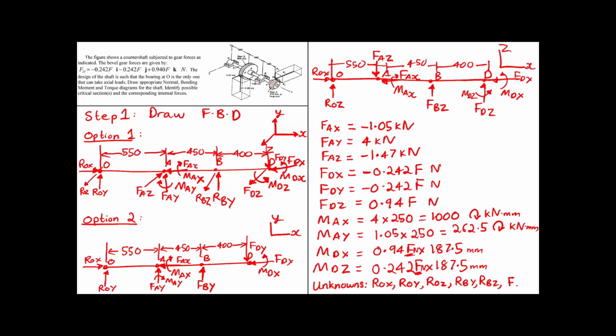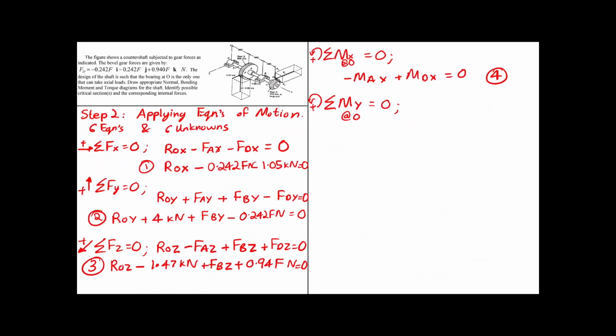Which other force do we have? Let's find out. Along the y-axis we have FAZ times 550, because that is from the force here.